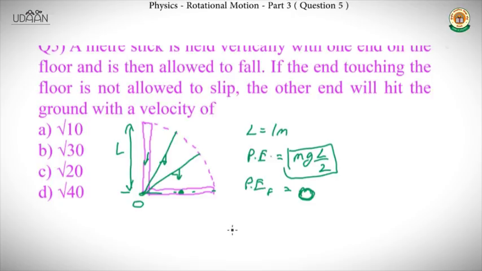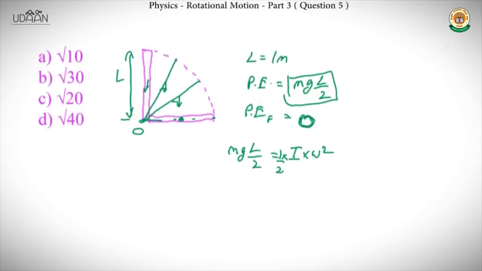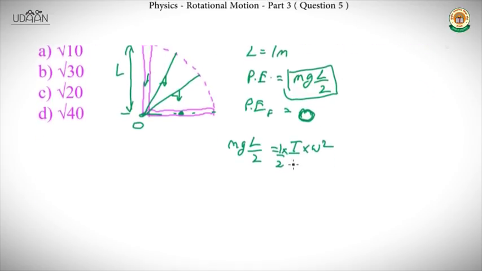Now we know that mg L by 2 is the initial energy. This will be equal to half into I into omega square. This is the expression for the rotational kinetic energy, as we had learned in the introduction. Now we know that the moment of inertia of this rod about an axis passing through its edge is given to us by m L square by 3.